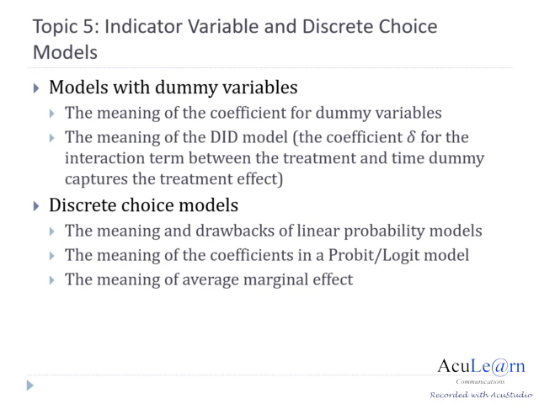It just measures, when there is one unit increase in x, what is the increase in the probability for the y variable to happen. That's something good. But at the same time, there are quite some drawbacks for the linear probability model.